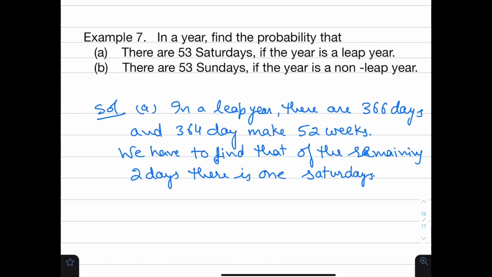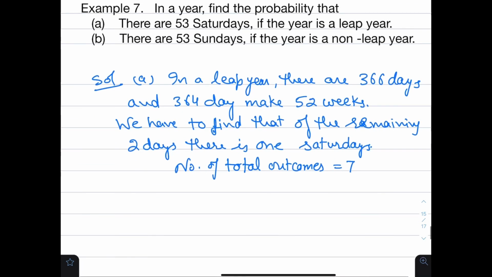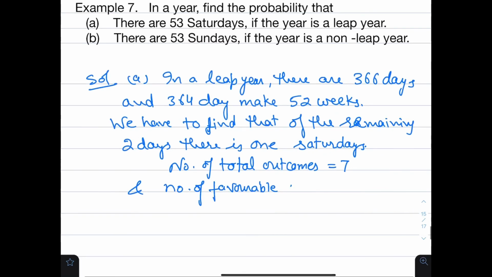As there are 7 different days in a week, we can say that number of total outcomes equal to 7, because in a week there are 7 different days, and number of favorable outcomes equal to 2.